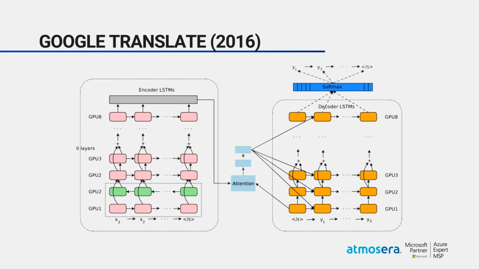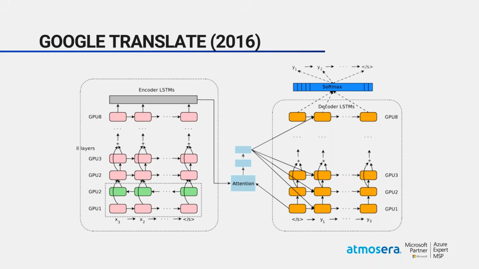And the magic of LSTM layers is that it allows us to treat a sentence or a paragraph or an entire document not just as a bunch of words that aren't connected together, but as an ordered sequence of words. So back in 2016, if you went to Google Translate and typed in an English phrase and asked it to translate it to, say, French or German or Spanish, it would pass your input through what you see on the left side of this diagram, a bunch of LSTM layers that would turn that input into a vector representation, or what we sometimes refer to as an embedding.